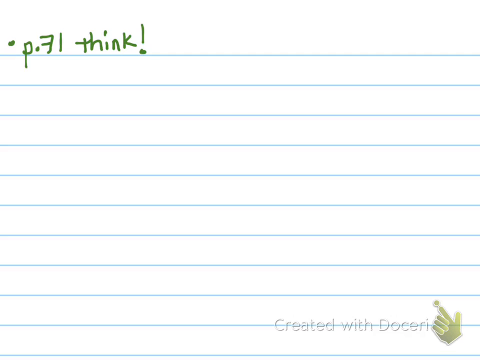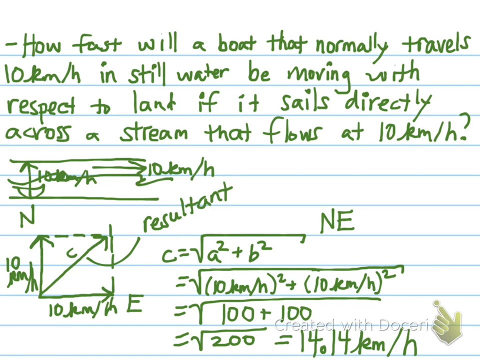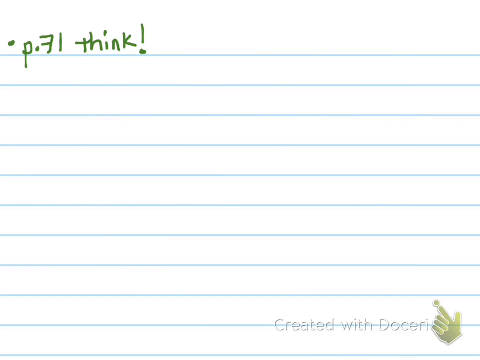Will the airplane fly faster or slower than 80 kilometers per hour? Well, we could use this example to answer that. We see that the resultant here is faster than either of the sides. So we can guess based on that, but we also can show it with some math.